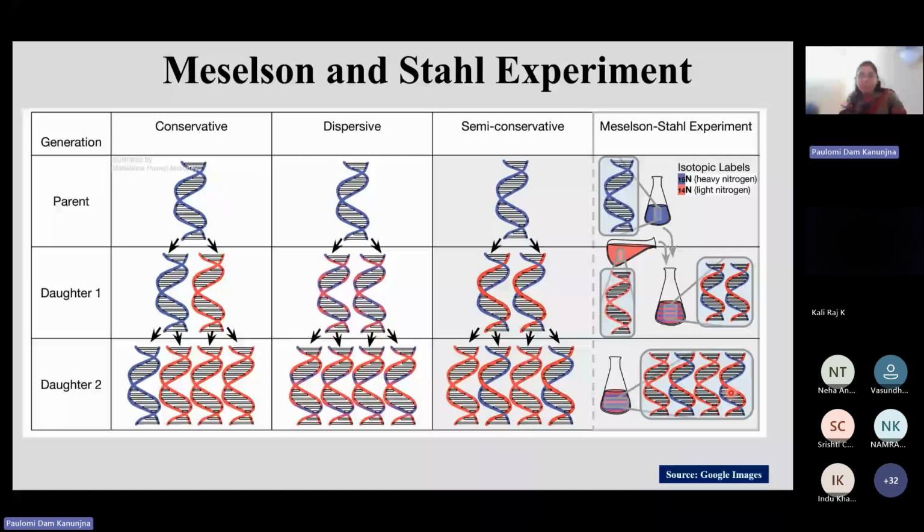So this basically tells us that you inherit one strand from the two strands. The two strands separate out. They are not together after one replication, right? So that comes in handy in the next session, when we will do DNA replication.